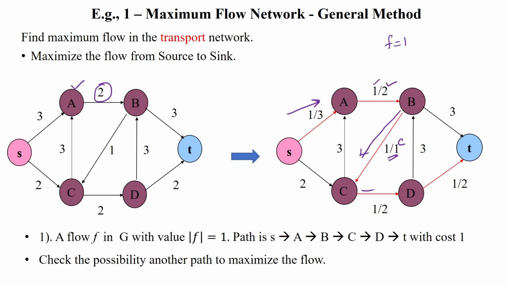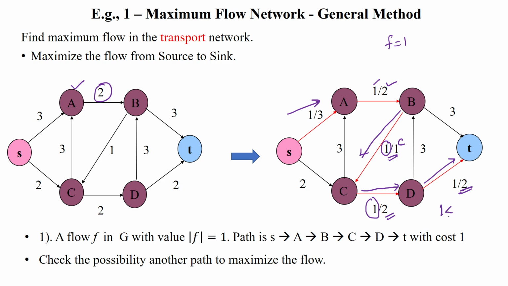Then C to D, I am taking this path. Here my incoming flow is 1. So 1 is less than or equal to 2, which is true. So we can allow this flow from C to D. Then I am taking D to T. Here my flow is 1, right? This 1 is less than or equal to capacity 2, which is also true.